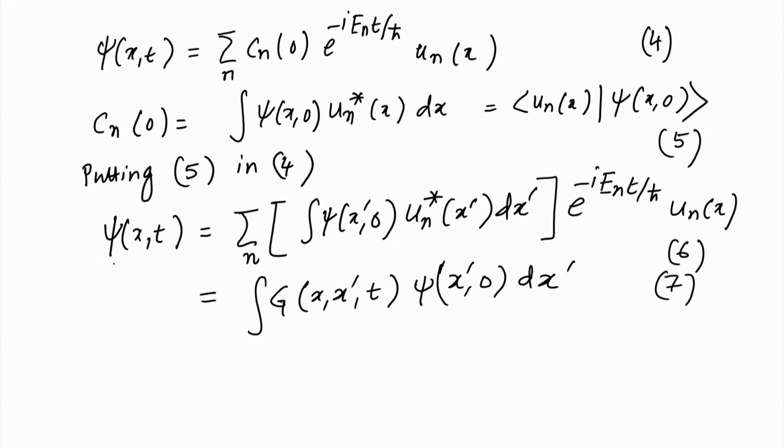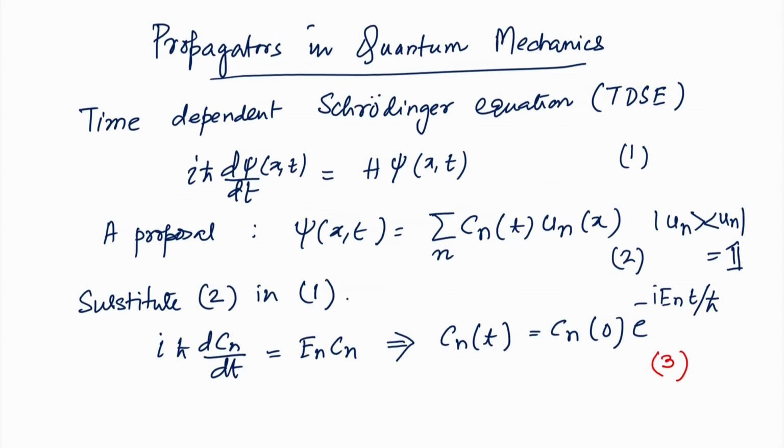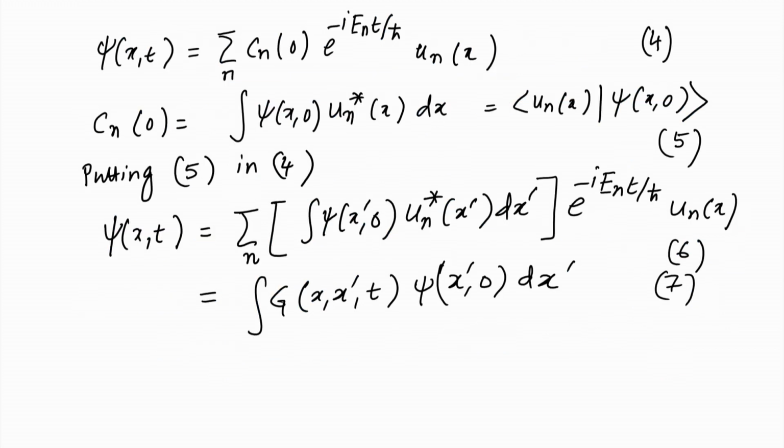x t. So, if we know psi at t equal to 0, instead of solving the second order differential equation given by the Schrodinger equation, which is written as equation 1 here, we can actually solve this integral equation, which is equation 7, if we know psi of x at t equal to 0.